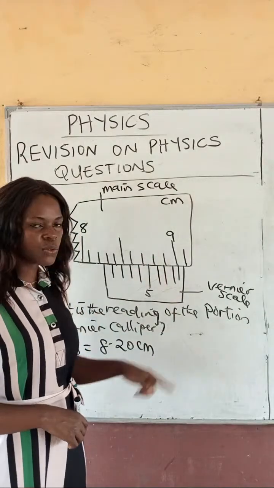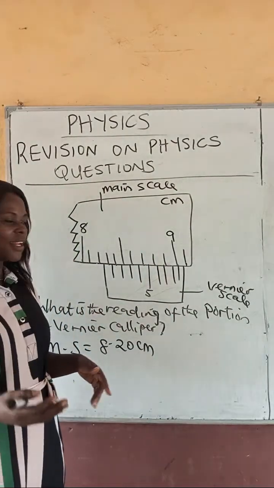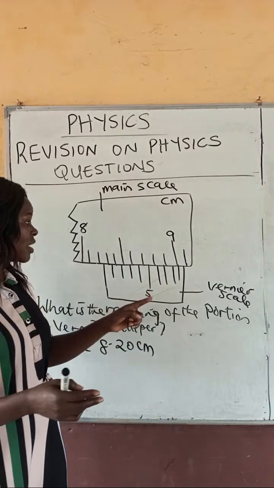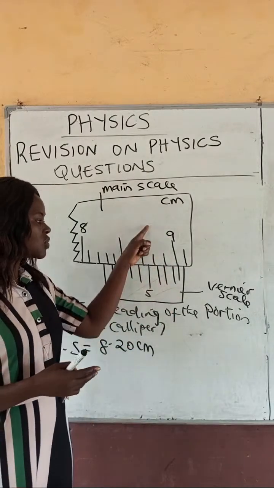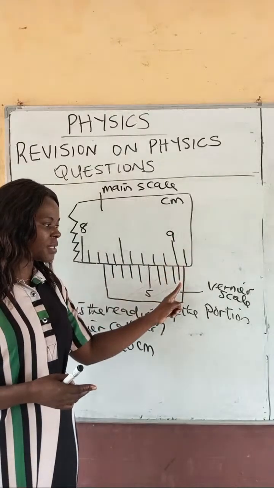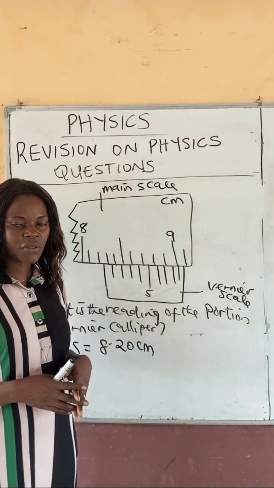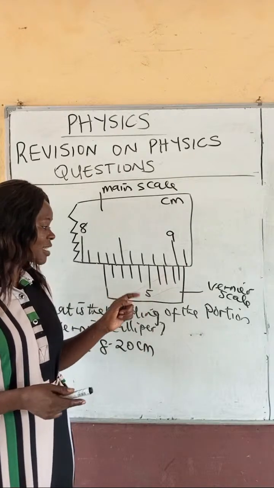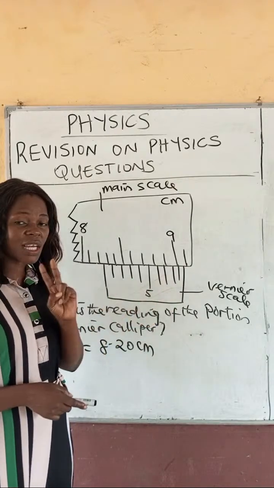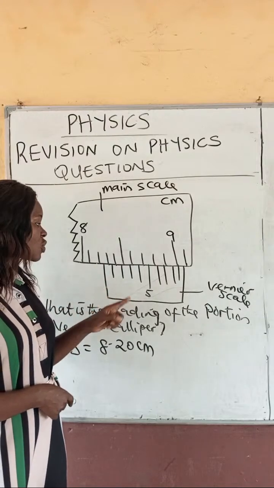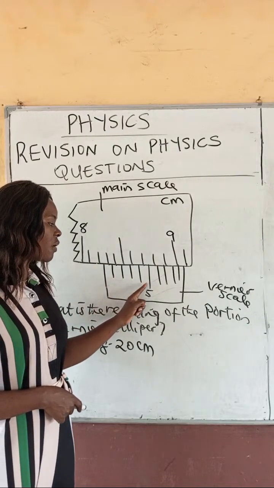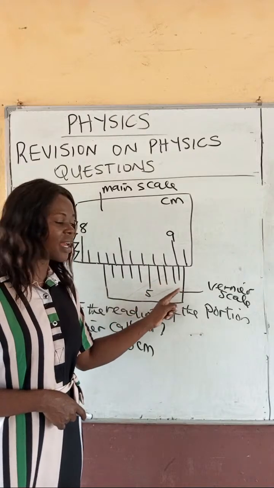Now on this ninth one, it's a line connecting the main scale and the Vernier scale. So these two scales meet each other at this number 9. Do we understand? Alright, remember that this Vernier scale has just 10 calibrations, which is 1, 2, 3, 4, 5, 6, 7, 8, 9, 10, right?